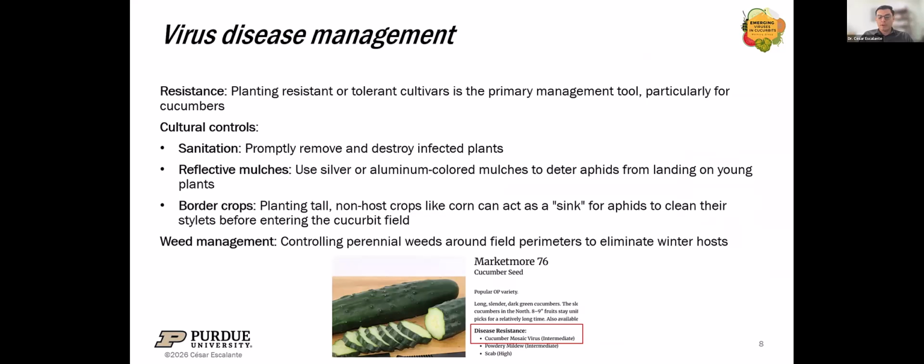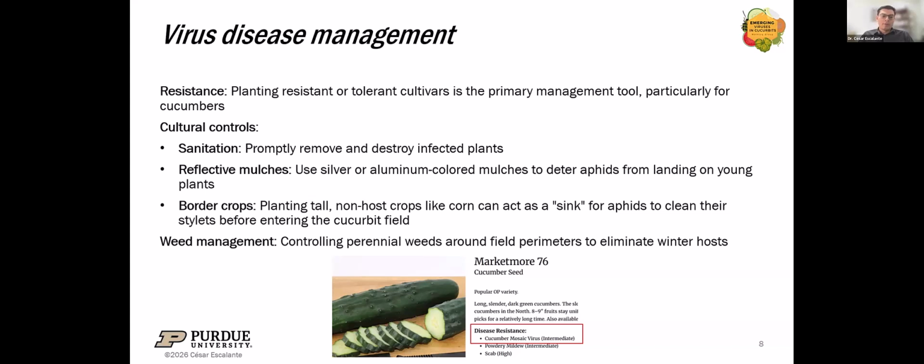So the management is 100% prevention, and genetic resistance is the number one defense. Always look for a label on your seed that indicates some sort of resistance, even if it is intermediate or complete resistance. It is good to make sure you are planting seed that has some resistance. In that way, you have that first layer.